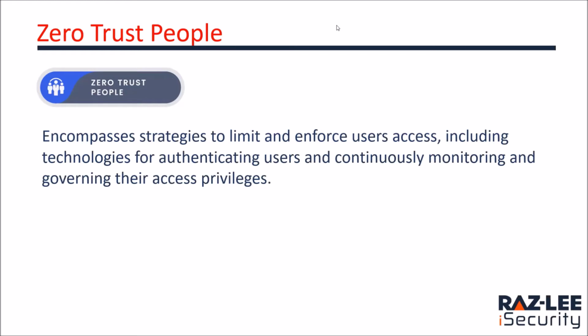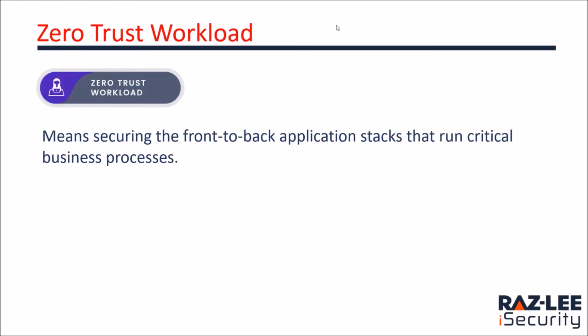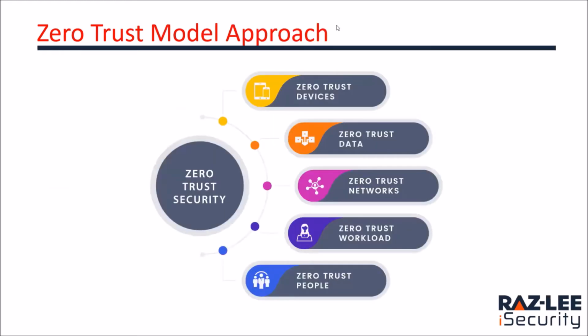There is a good way to do it: the authority investigator, and you can see every user with the authorities they have and why they have them. So, as a summary, this zero trust model approach can be divided into devices, data, networks, workload, and people.